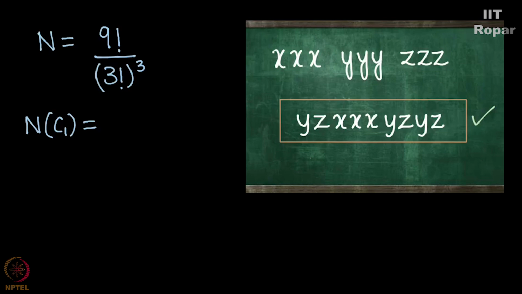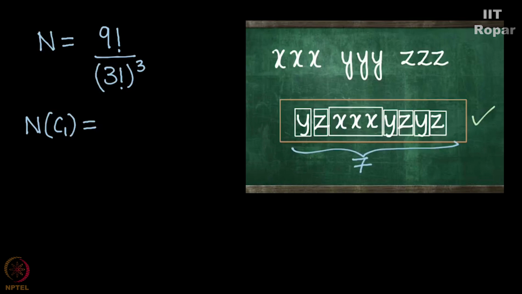How many such possibilities are there? I'm going to consider XXX as one unit and the remaining 6 alphabets as individual alphabets. So it is 6 plus 1 unit, and the number of arrangements of these happens to be 7 factorial divided by 3 factorial into 3 factorial.